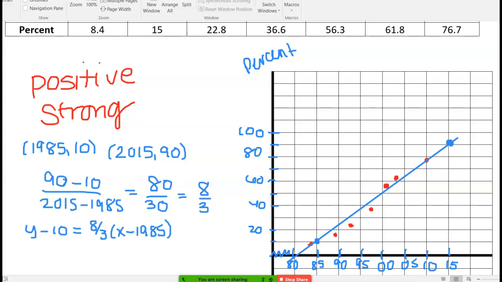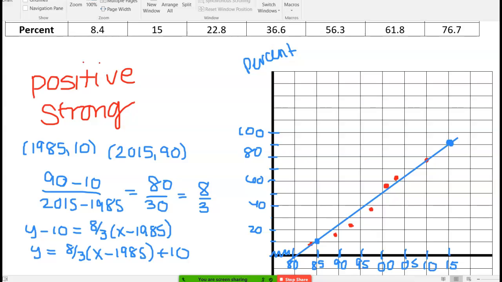And you can leave your equation like this. If you wanted to solve for y but not distribute, you could say y equals 8/3 times x minus 1985 and then put the plus 10 after the parentheses.